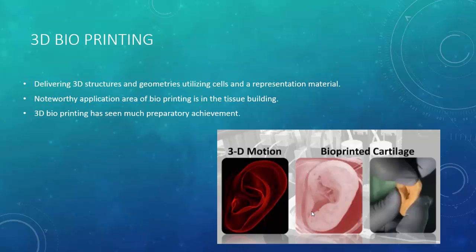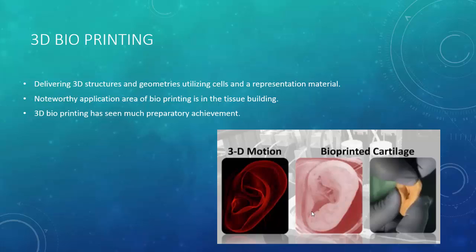Because of these extra considerations, bioprinting research is truly a cross-disciplinary endeavor including investigators from the fields of material science, cell science, engineering of various sorts, and medicine. 3D bioprinting has seen much preparatory achievement to the extent of the generation of a couple of different sorts of tissues.